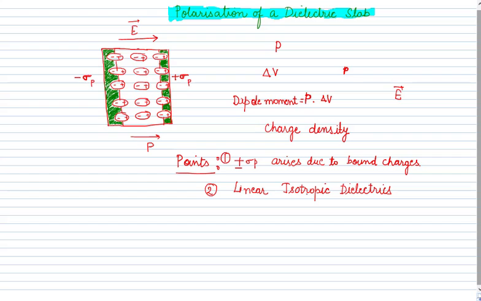Then what does linear mean? Linear isotropic dielectrics means that whenever there is an induced dipole moment, as we studied just now, the induced dipole moment is in the same direction as the applied electric field.